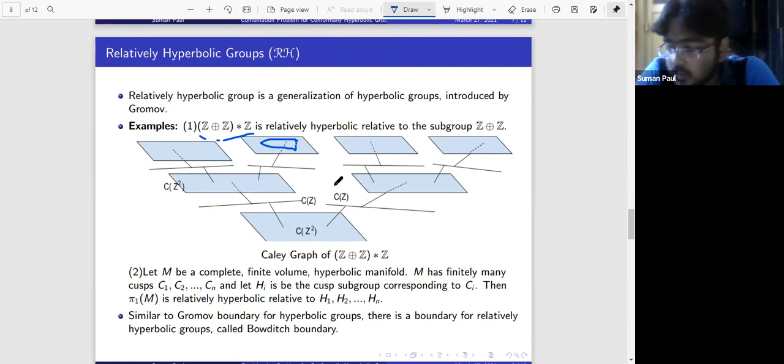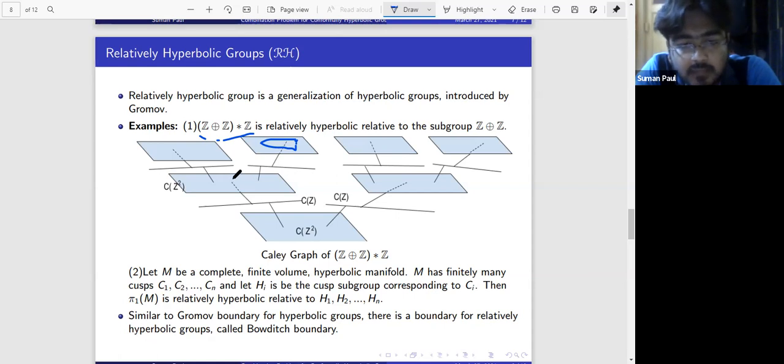So what is the construction? Basically, this is the Cayley graph. These blue planes are the Cayley graphs of Z direct sum Z. These are the translates of the Cayley graph of Z direct sum Z. Now, suppose by some construction we make all these planes hyperbolic.